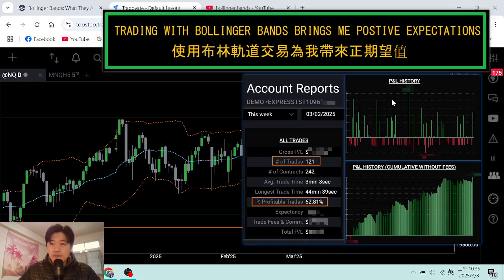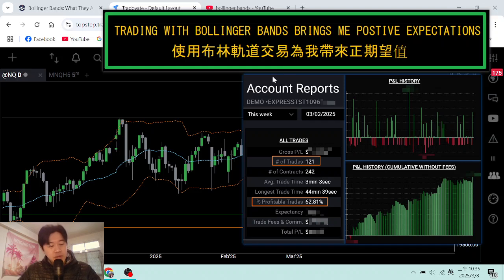This is the distribution, the P&L, and this one is cumulative without fees, like this, and this is each trade like this. And I want to say I've been learning to trade with Bollinger Bands for the last 3 months, and it really brings me very good results.